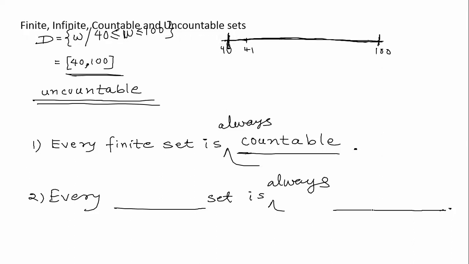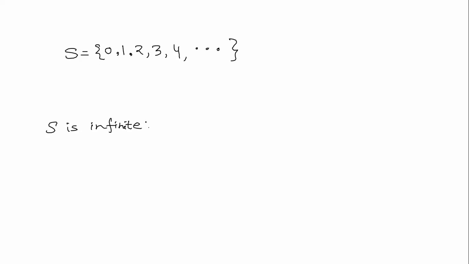Now, just now I had mentioned one set. Suppose a set is 0, 1, 2, 3, 4, and so on. Tell me, is this finite or infinite? Infinite. And is it countable or uncountable? Countable.